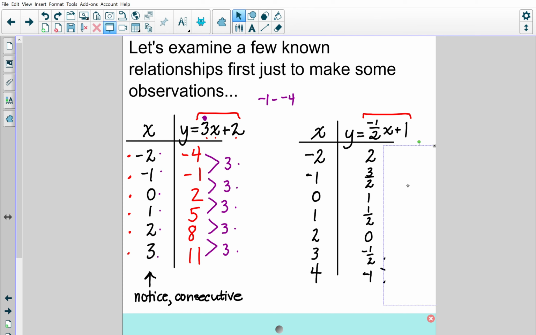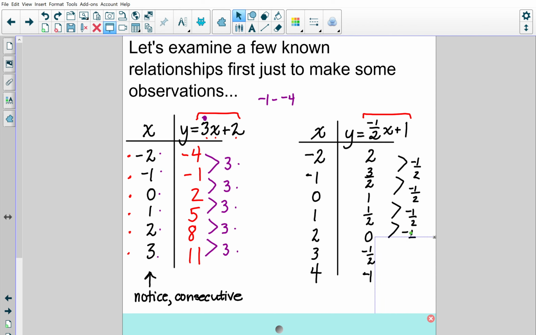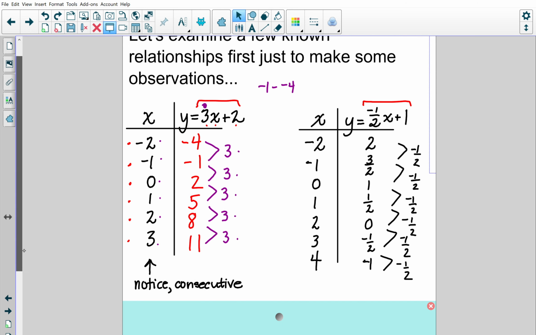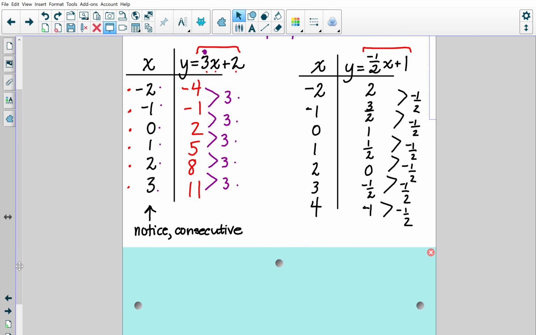3/2 minus 2 is -1/2. 1 minus 3/2 is -1/2. 1/2 minus 1 is -1/2. And so on and so on, all the way down the line, just as we would suspect, because again, it's a linear form. All right, and we see that.